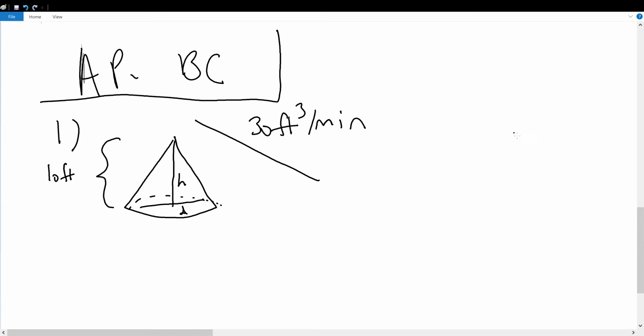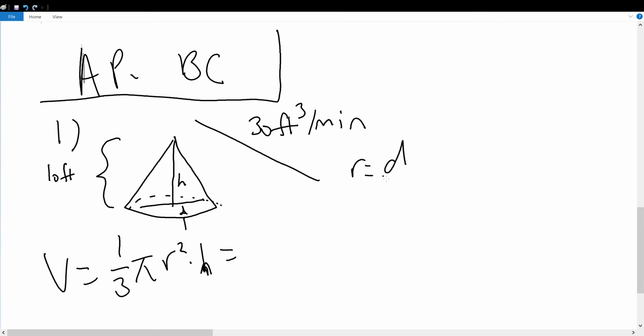So we know the volume of a cone is 1/3 pi r squared times h. Now since r equals diameter divided by 2, and the diameter is equivalent to h, the radius is essentially h divided by 2.